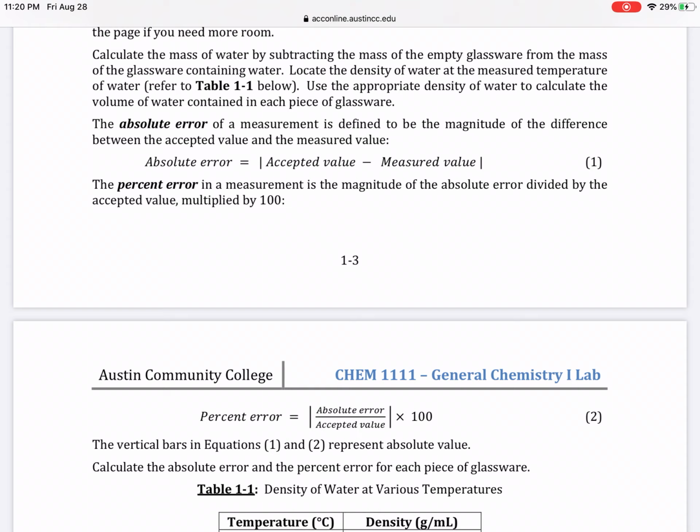And you see there are 2 bars at both sides, meaning when you calculate the absolute error, whether you get a positive or a negative value after you subtract, you always take the positive value. Let's say your accepted value is 100 and the measured value is 102. So 100 minus 102 is negative 2. But you do not put absolute error as negative 2. Absolute means you take only the positive value.